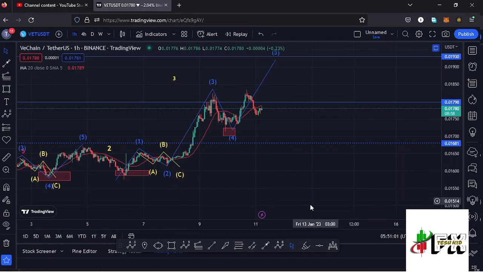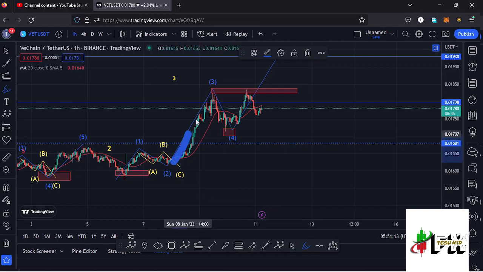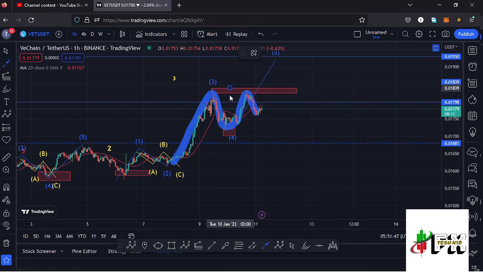If I draw it out, that chart pattern is a double top, and I can first connect these tops right here where we peaked in the formation of that wave 3. Then if I draw out my chart pattern, we can have that as the first top, then we have seen the formation of the neckline, then the formation of the second top, and very soon I'm expecting a bit of a retracement over here and then a breakout to the lower side out of this chart pattern, with the target area of the breakout being given by the height between the tops and the neckline.